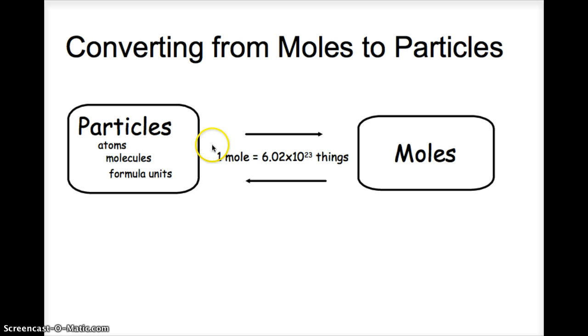Avogadro's number is 6.02 times 10 to the 23rd things is equal to 1 mole. Similar to a dozen equals 12 things, a mole equals 6.02 times 10 to the 23rd things. And those things can be atoms, molecules, or formula units.